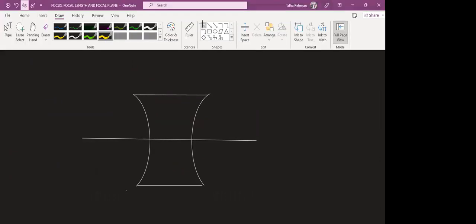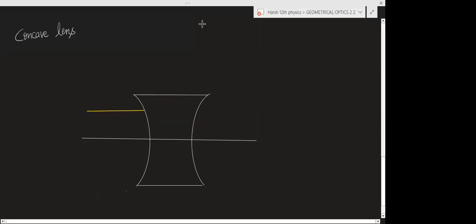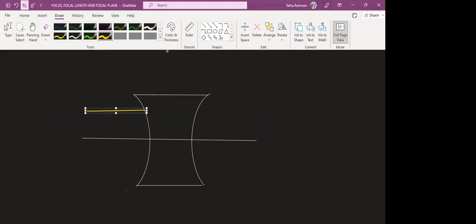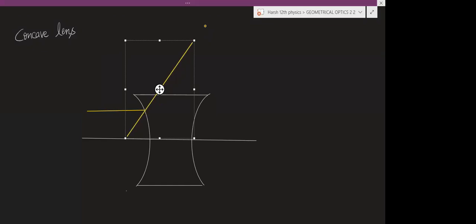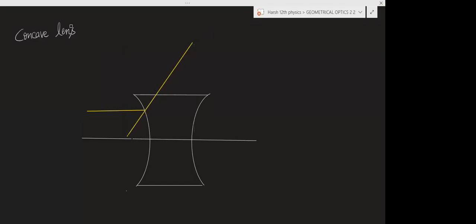Now for the concave lens, we will define the second focus. Suppose light rays are coming parallel to the principal axis, and these light rays diverge like this, and you produce these rays in the backward direction.